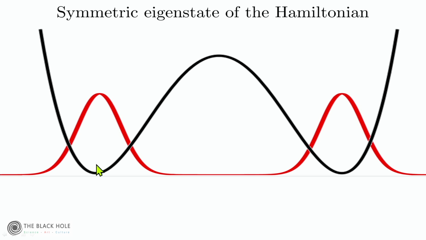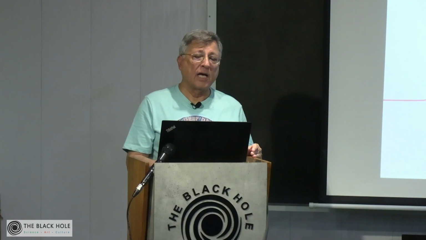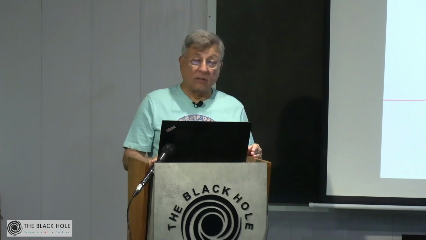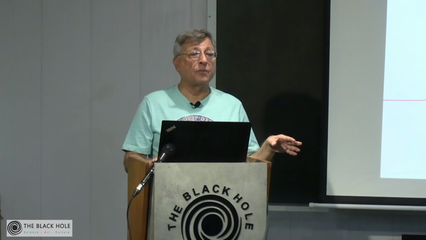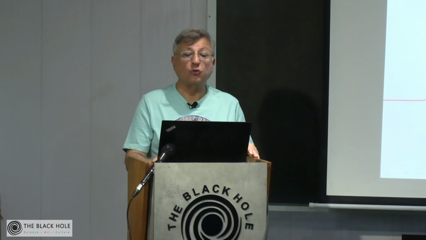So if I exchange the left and the right, nothing changes. On the other hand, here, if I exchange the left and the right, then the sign changes. You see that this would come here, this would go there. And so these two are the symmetric and anti-symmetric eigenstates of the Hamiltonian, which has got a potential which is symmetric and has two symmetric minima.